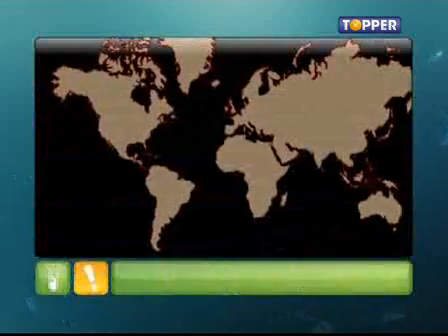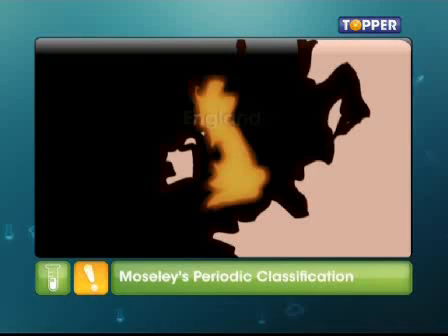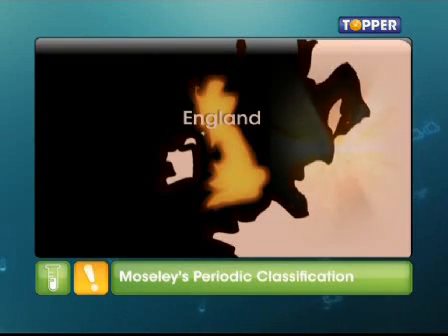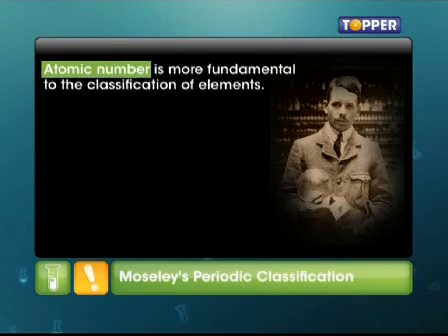By the turn of the 20th century, scientists were beginning to look for another fundamental property besides atomic mass to classify chemical elements. 1913, England. Using X-ray analysis, H.G.J. Moseley showed that atomic number is more fundamental to the classification of elements than atomic mass.